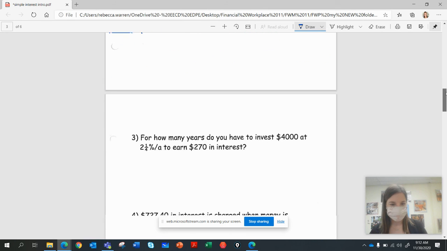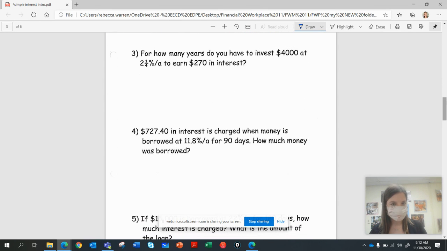I'm going to keep going, actually. I don't know when this is going to time out, but we'll do at least one more. Okay, question 3: for how many years do you have to invest 4,000 at 2.25% to earn 270 in interest? So we're looking for the number of years. 4,000 is the investment, 2.25%, which is 0.0225 as a decimal.